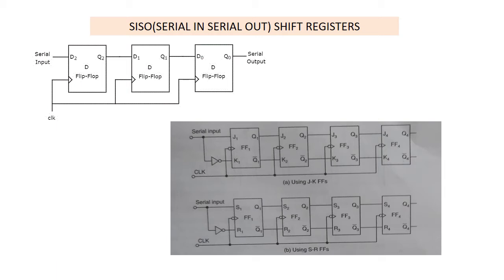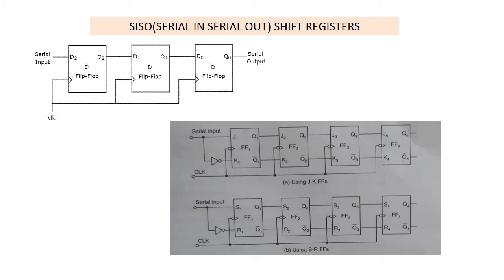The bit that was previously stored by the first flip-flop is then transferred to the second flip-flop. The bit that was stored by the second flip-flop is transferred to the third flip-flop and so on. The bit that was stored by the last flip-flop is shifted out.